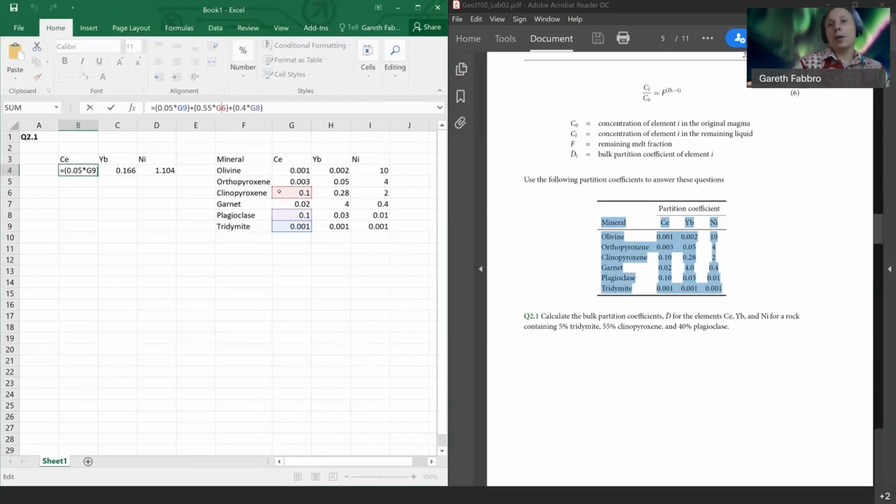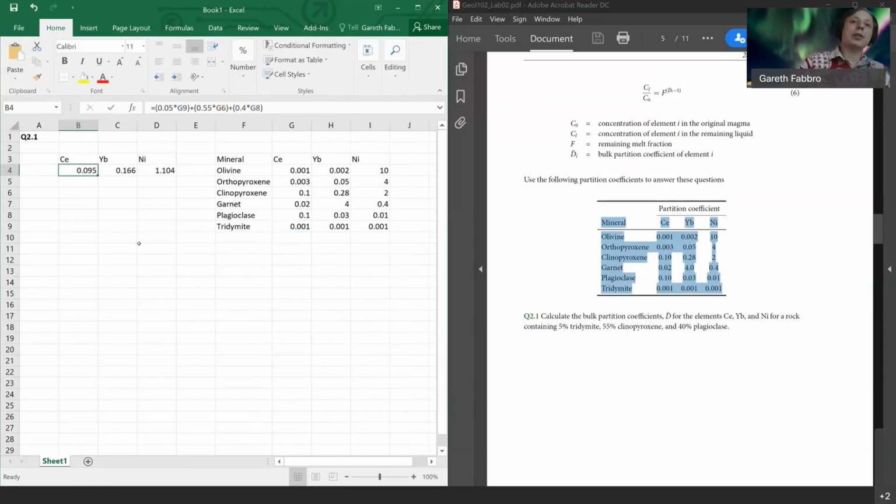The tridymite is much lower. But it's mostly clinopyroxene and plagioclase, so we would expect our partition coefficient to be close to theirs, a little bit lower because the tridymite will bring it down. And when we look, that's what we get. So it seems about right, just a little bit lower than the partition coefficient for clinopyroxene and plagioclase.